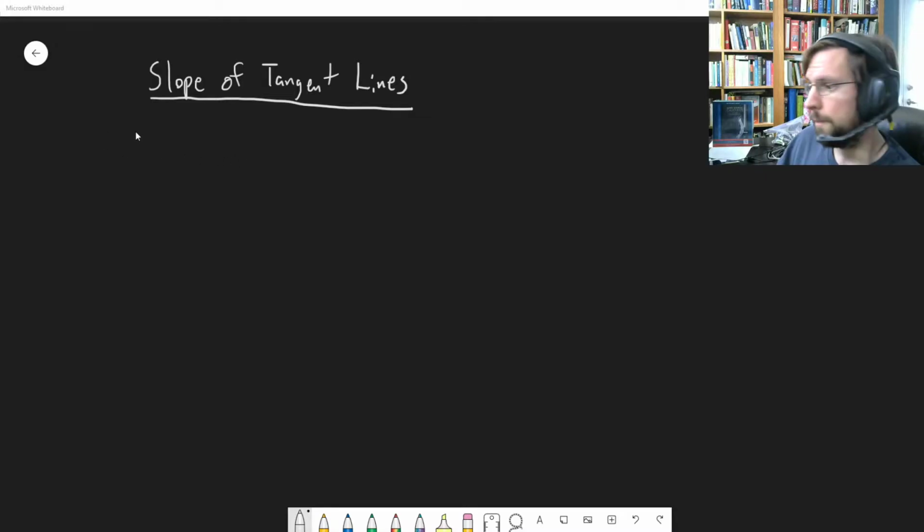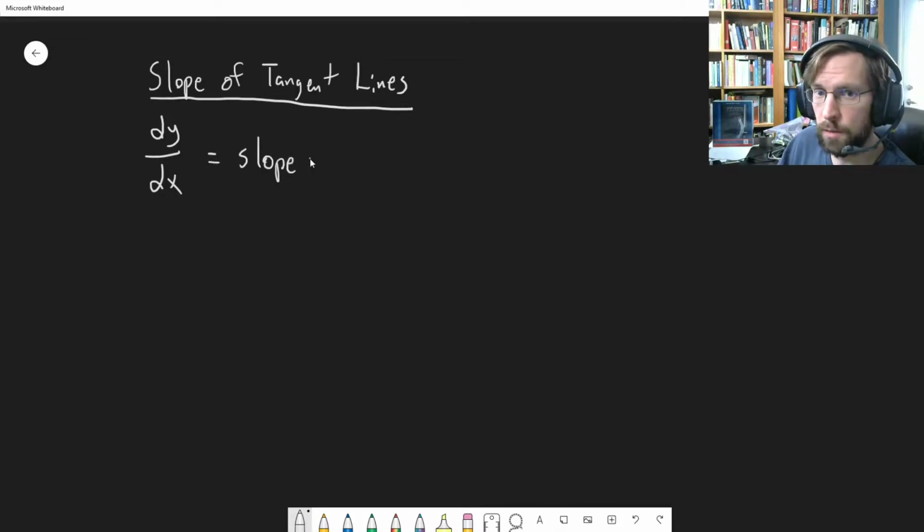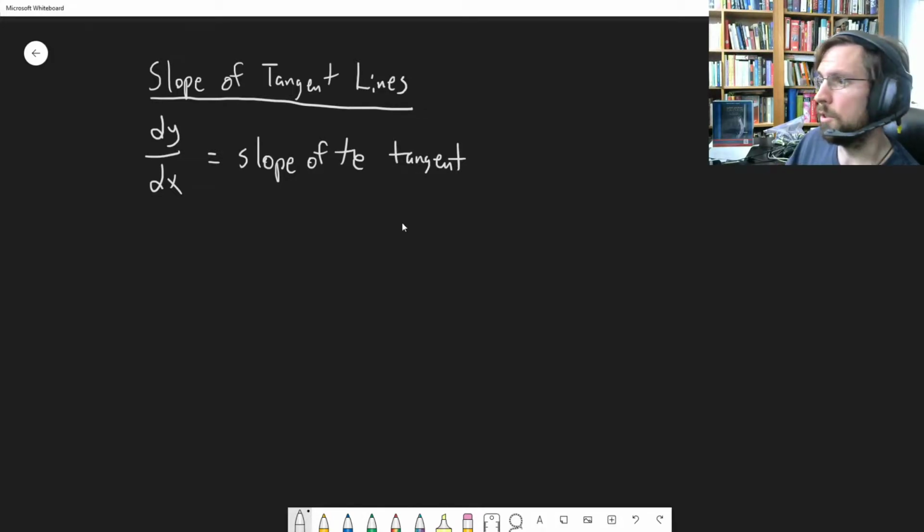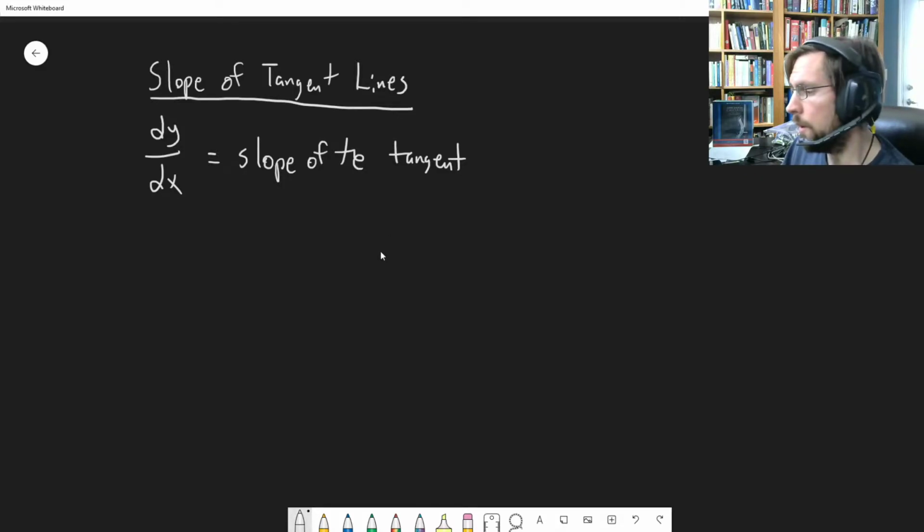Okay, so the slope of our tangent line is always going to be dy/dx. Even though we're working in polar coordinates, the slope of our tangent line is always dy/dx.